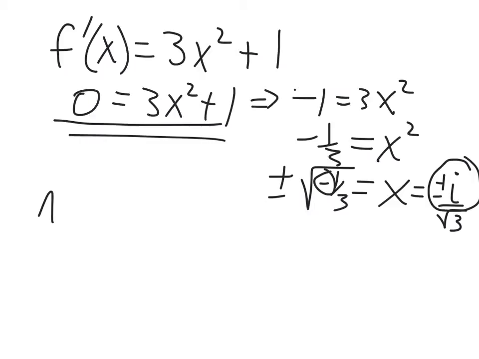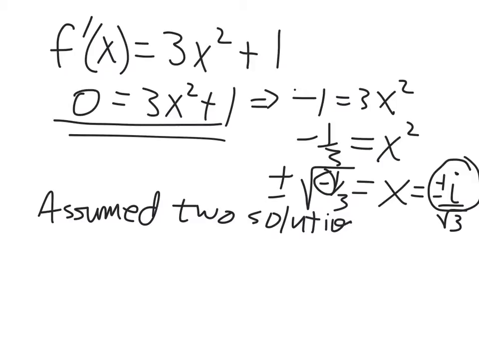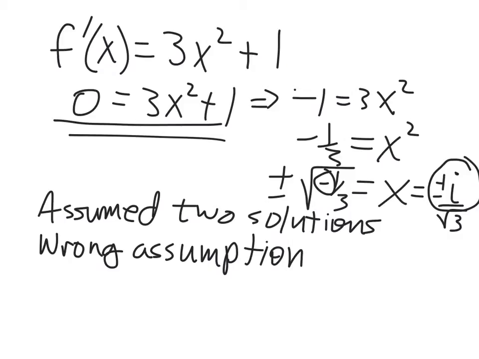Remember, we assumed two solutions. The only thing we can deduce from going through all this is that Rolle's theorem does not work based on what we've said, and the only thing that would be wrong then is our assumption. Therefore, there are not two solutions.